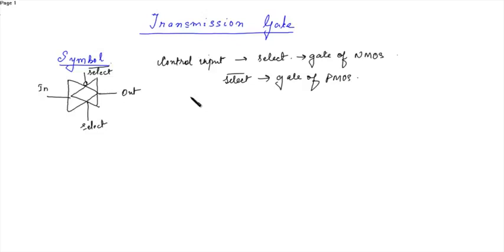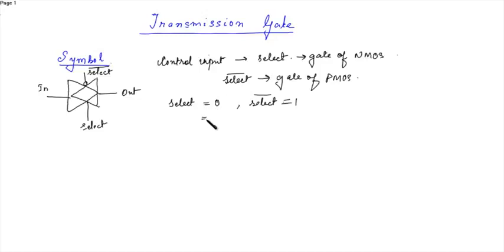So when the select is 0, then certainly the select bar will be 1. So if select is 0, the NMOS will be off, and select bar is 1, then PMOS will be off.